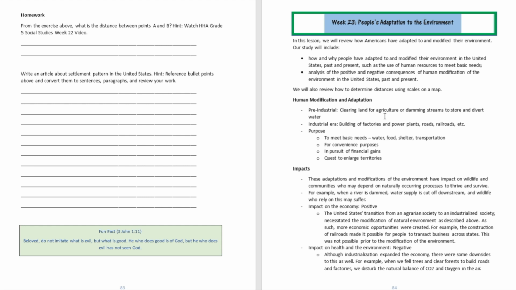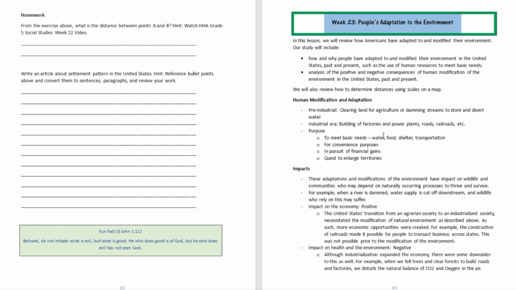During the Industrial Revolution, people started moving away from the agrarian lifestyle to an industrialized lifestyle. So people started building factories and power plants and railroads, and lands were being cleared, not necessarily for food and farming purposes, but for industries and for technologies.